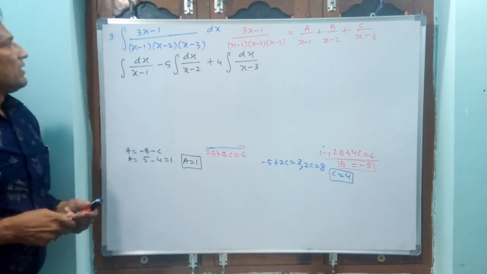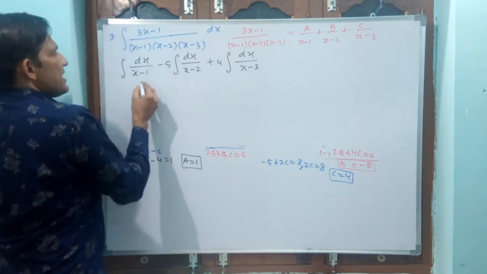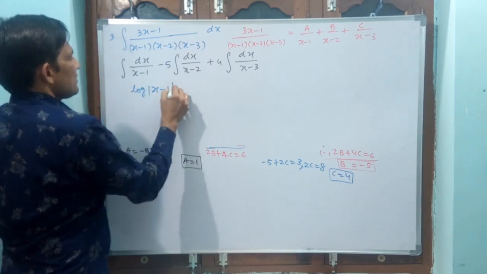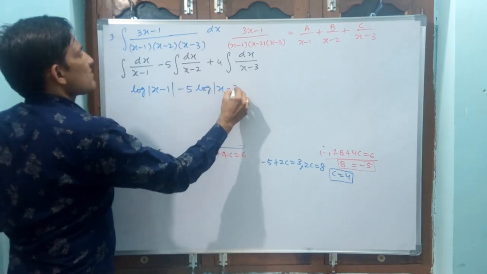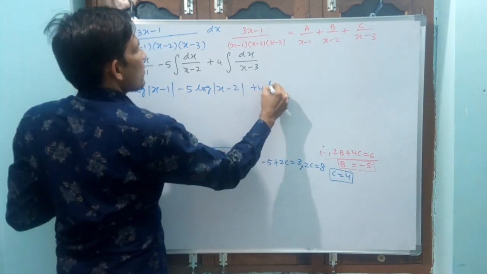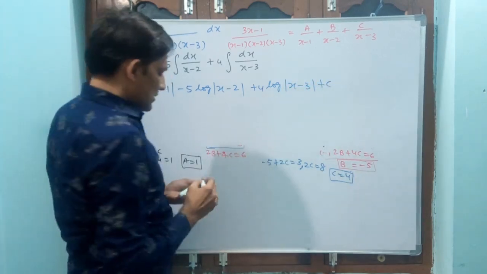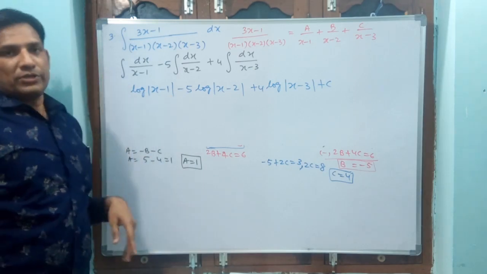Okay. Now proceed further. See, dx by x minus 1, that means log of x minus 1 minus 5 log of x minus 2 plus 4 log of x minus 3 plus c. This will be your answer for third question.